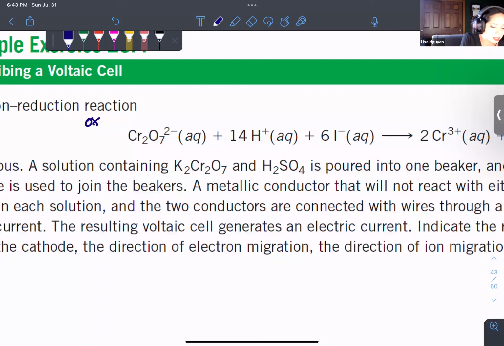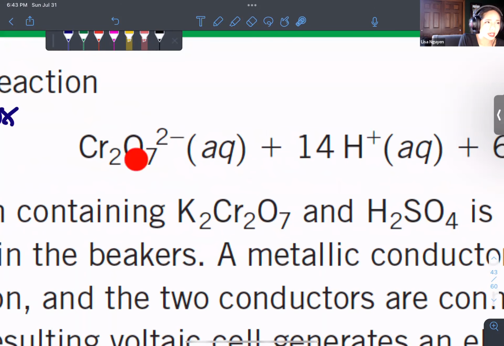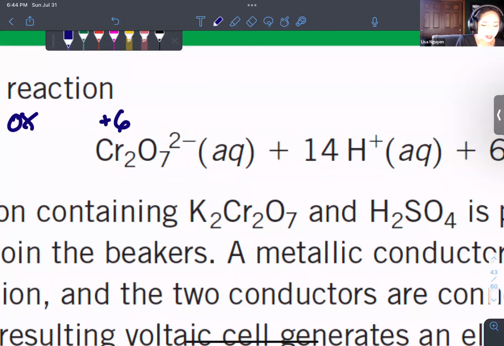So chromium in this case, if you balance all of those oxidation numbers, if oxygen is -2, there's 7 of them, so that's -14. But it's a -2 charge ion overall. So that means positive 12 has to come from the chromiums. And since there's 2 chromiums, they kind of split the positive charge here. So just 1 chromium atom is a +6 oxidation number, all right?